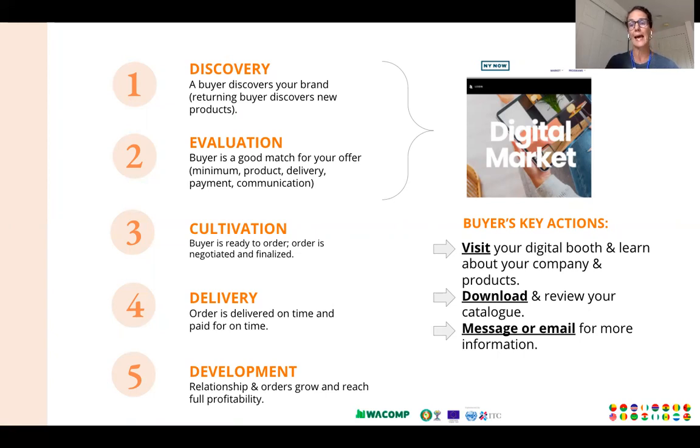So what are the key actions that you want that buyer to do during the event? You want them to visit your digital booth. You want them to learn about your company and your products. You also want them to download your catalog, which is where you're going to show your full export collection.